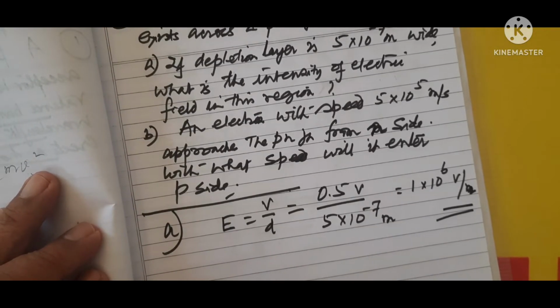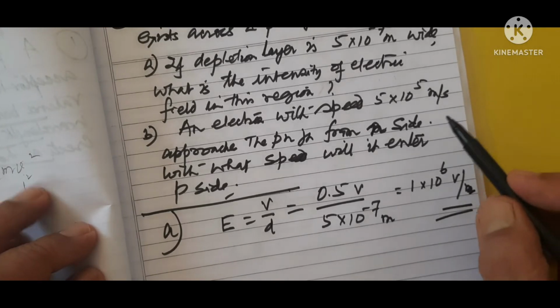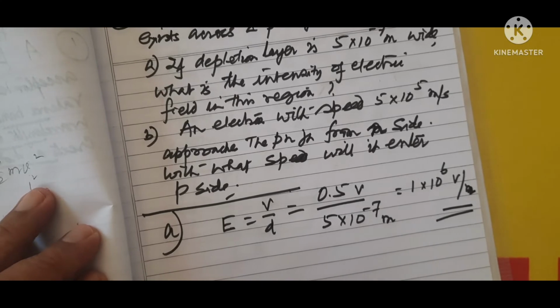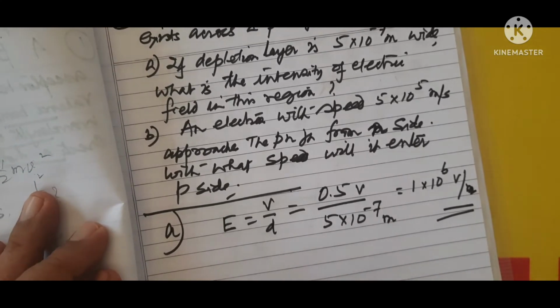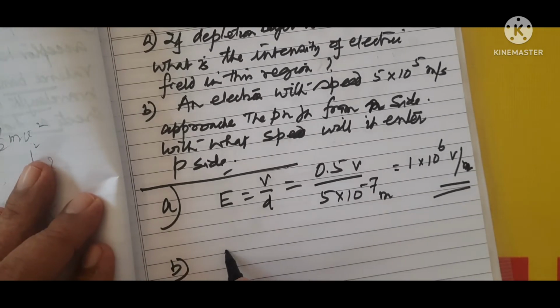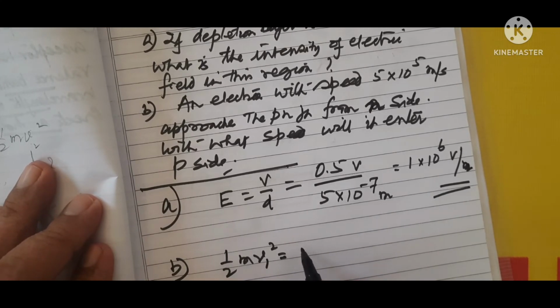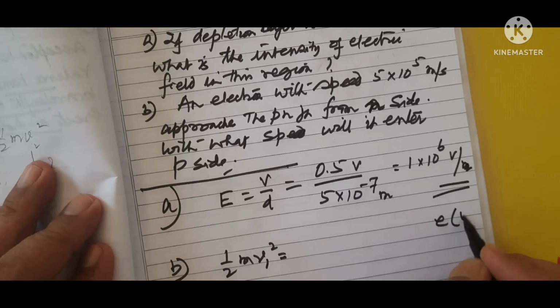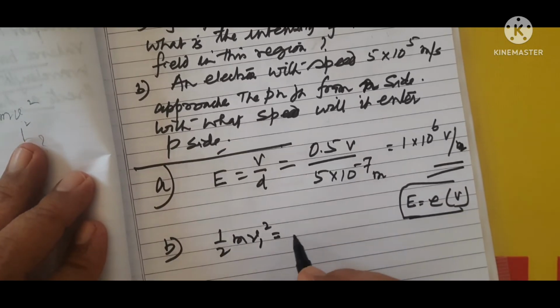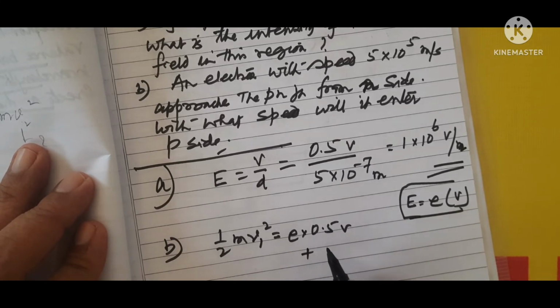Second part, we have to use the law of conservation of energy. That is your initial energy is equal to total final energy: half m v1 square is equal to small e into potential difference, that is the energy, plus half m v2 square.